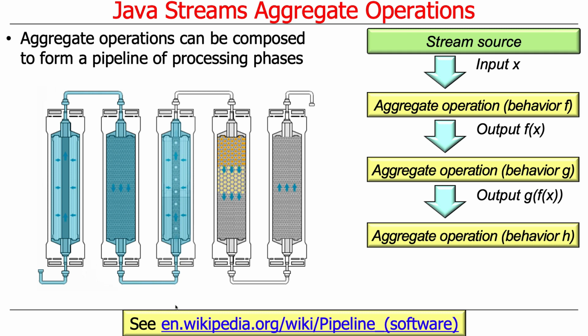Aggregate operations can be composed together to form a pipeline of processing phases. This concept of a software pipeline is a very common pattern. It's called the pipes and filters pattern. It has appeared in software systems for very many years. Here's a simple example from everyday life: a water filtration system.